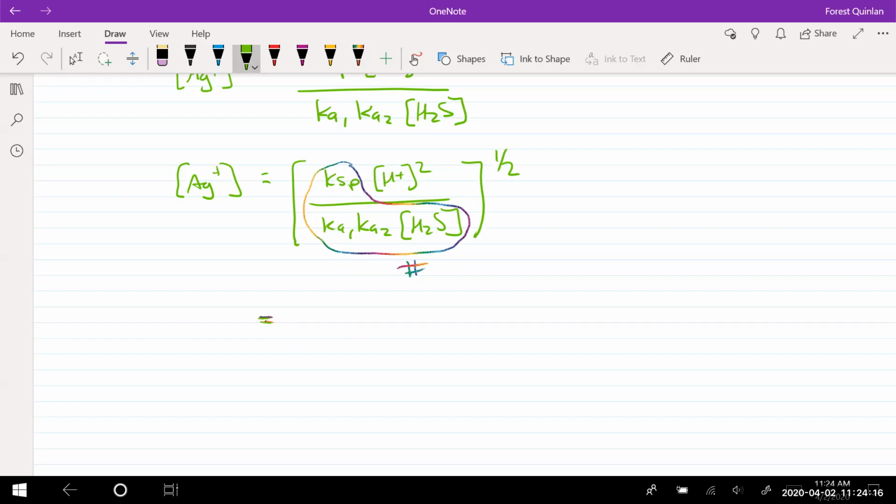I'm going to put it out here. Our Ksp was 6.62 times 10 to the minus 50.